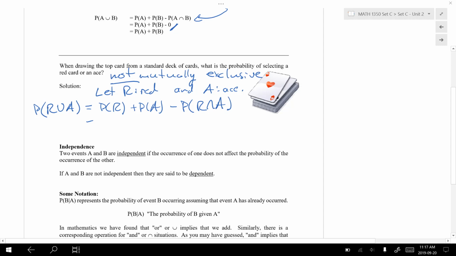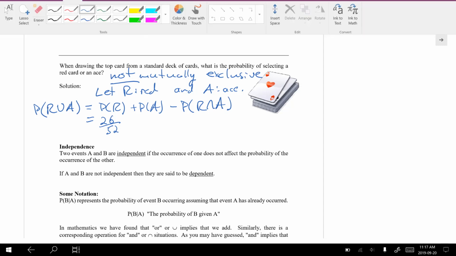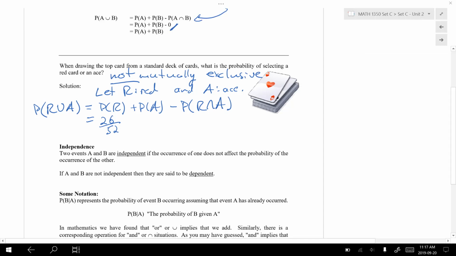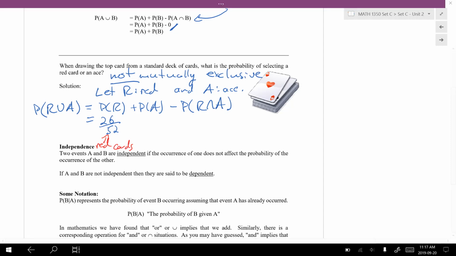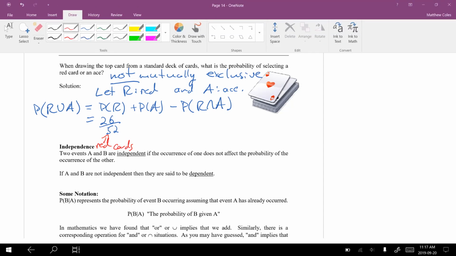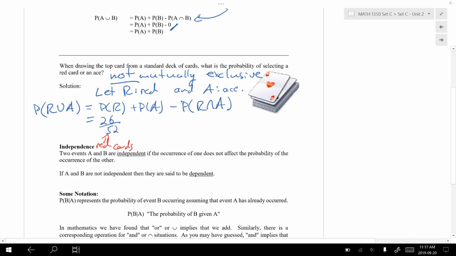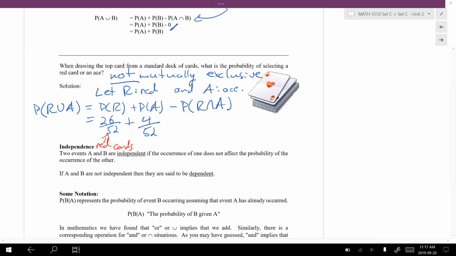So in total here, the red cards, half of the cards are red, so that's 26 over 52. These are all of the red cards. 26 total red cards. There are a total 4 aces in the deck, 4 on 52.